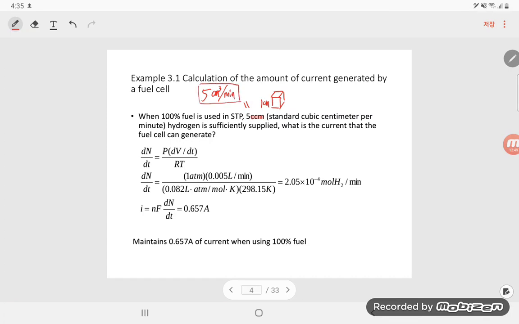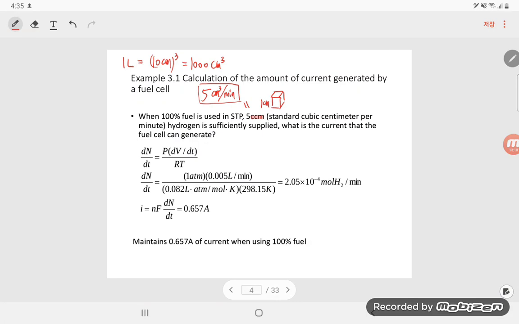Okay, this is the meaning of this, and we can also convert it to the liter unit. Then what is the liter? 1 liter equals a cube with one side length of 10 centimeters. So this is the 1 liter.